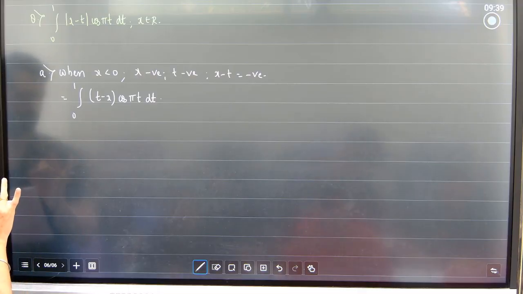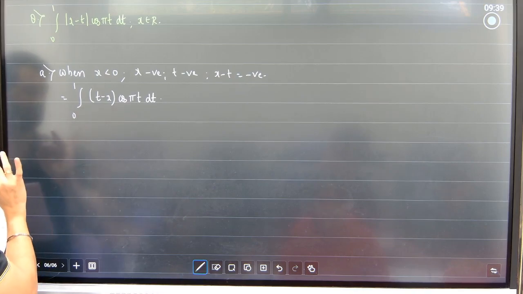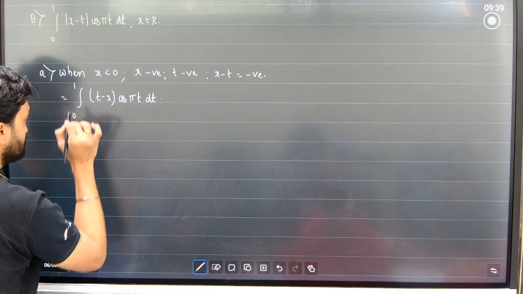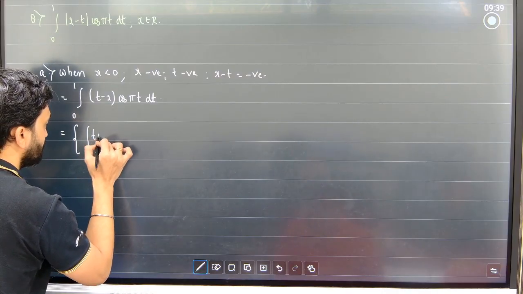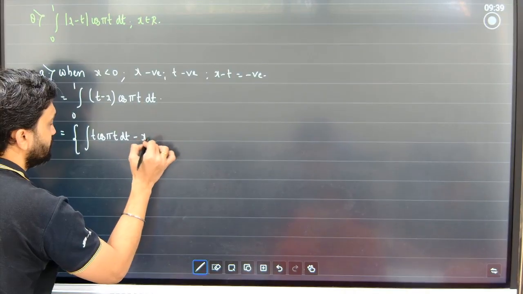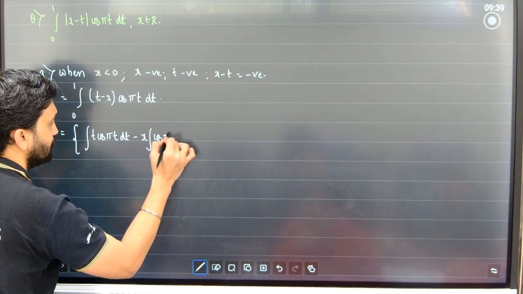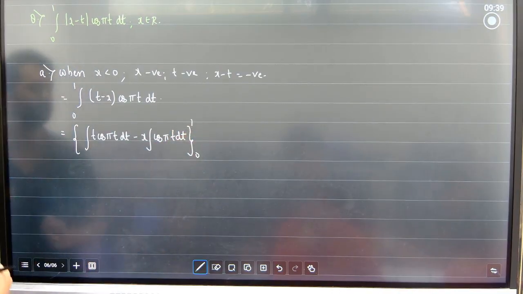This, if I solve, t is the variable and x is constant. So this will become integration t cos pi t dt minus x integration cos pi t dt from 0 to 1.